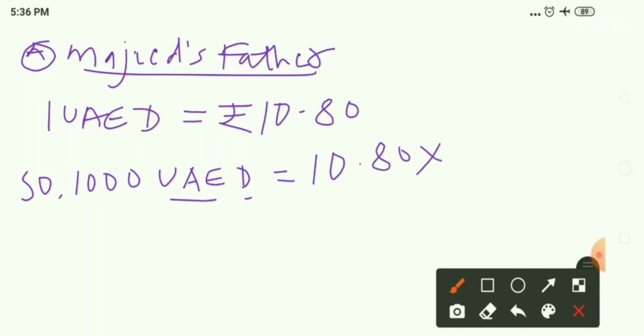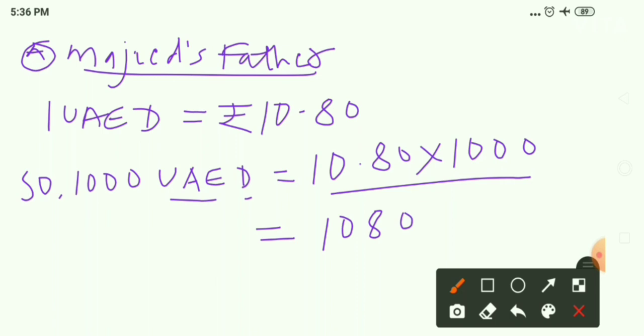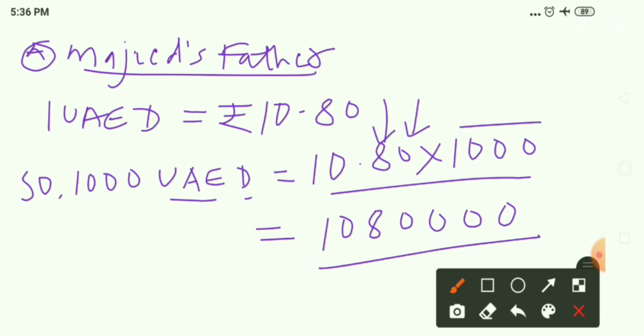10.80 multiplied by 1000. Now it's a simple multiplication. Just write 10.80 as 1080, and how many zeros are here? 3 zeros. So 1, 2, 3. Put 3 zeros in the product. Now count the digits after the decimal. So 1 and 2.